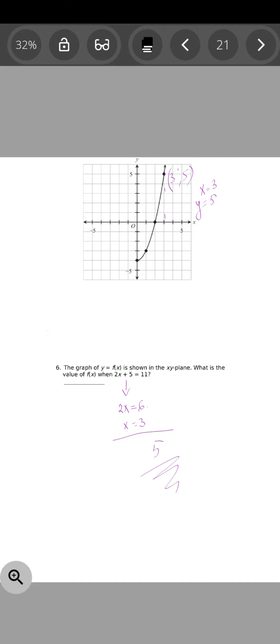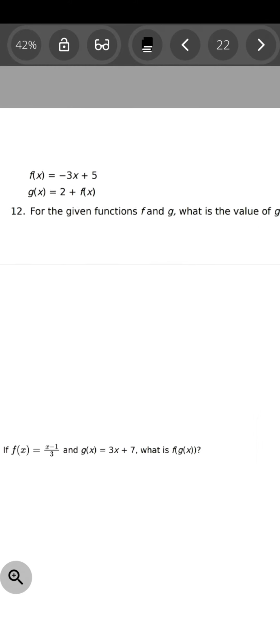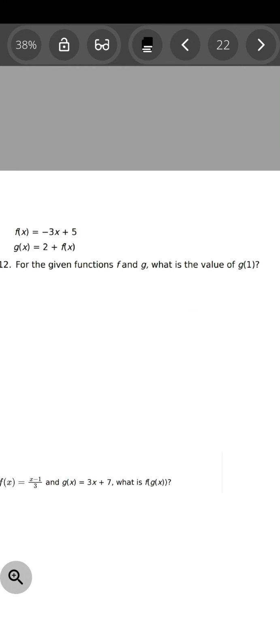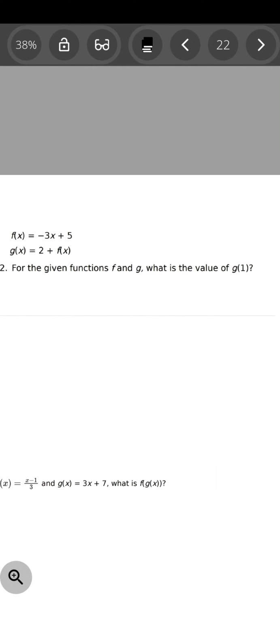Our next question is that f of x is equal to negative 3x plus 5 and g of x is equal to 2 plus f of x. For the given functions f and g, what's the value of g of 1?